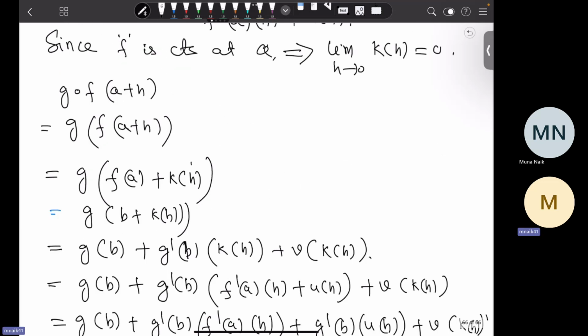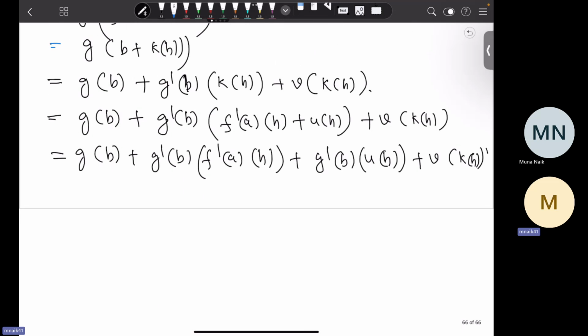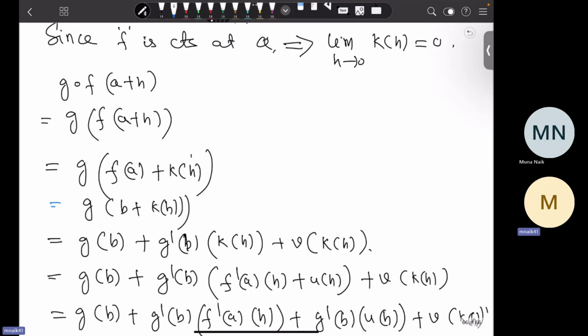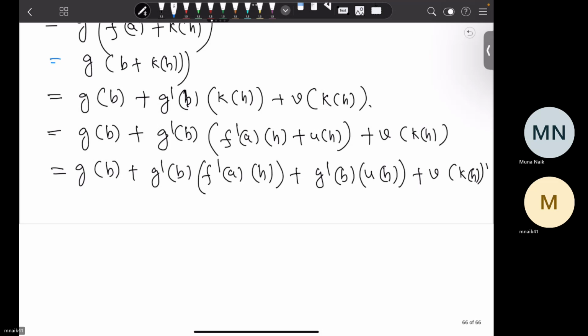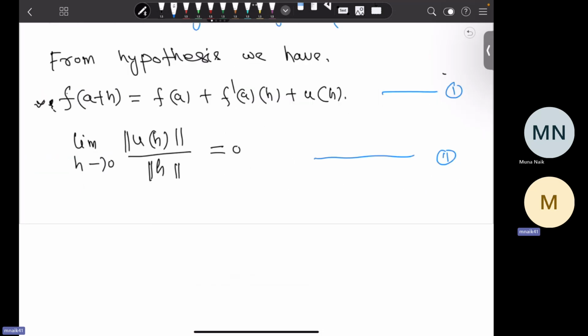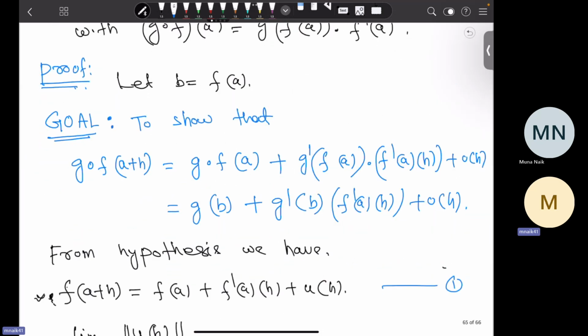Now look at this expression. For G composition f of a plus h, we have got this thing. And what is our goal? Our goal is to show that G composition f of a plus h is G(B) plus G'(B) f'(a) h plus little o.